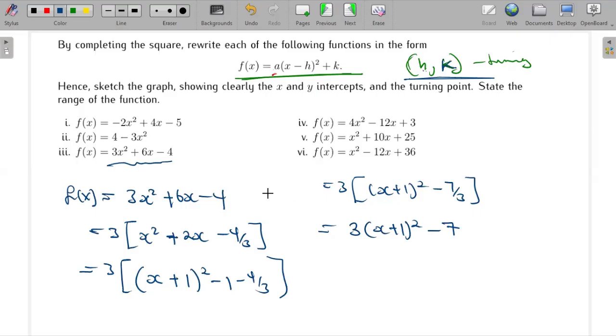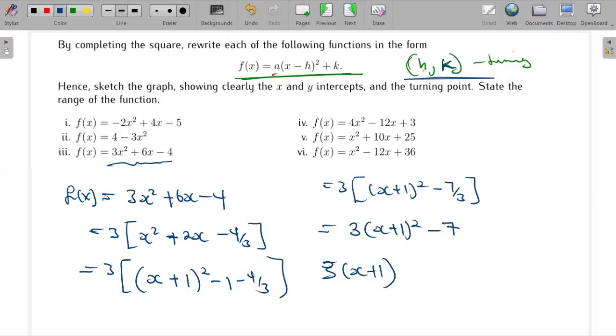So here we're saying that when y is 0, what are we going to do?